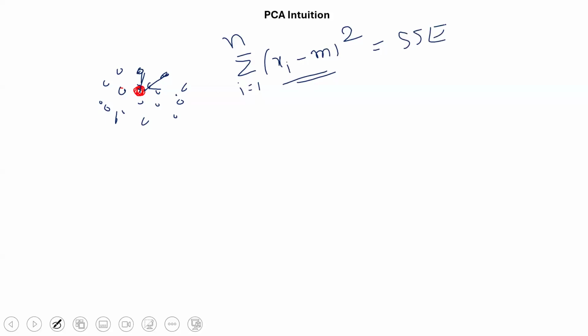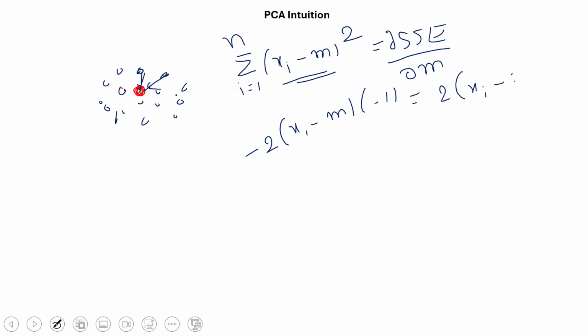Now what I'll do is differentiate this with respect to the mean m. So when I differentiate this with respect to m, just see what I'm getting. This becomes -2 into (xi - m) into -1, right? So that becomes 2 into (xi - m), from i equal to 1 to n.